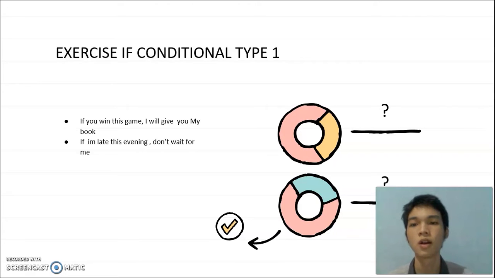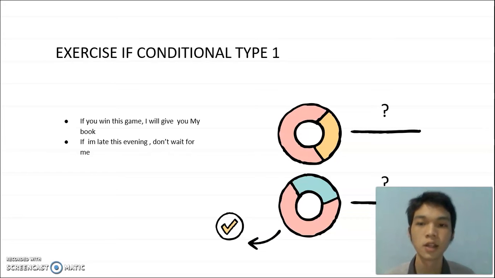And for number 2: if I'm late this evening, don't wait for me. This might seem strange to you because the form of the if conditional type 1 is if plus present simple, and then will plus base verb, or you can reverse it: will plus base verb, then if plus present simple.